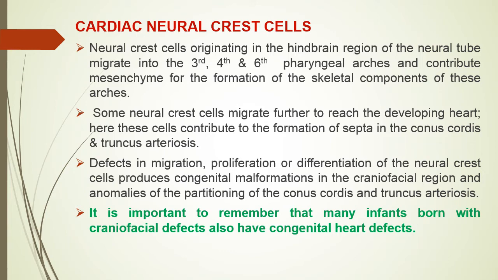So that implies that if anything wrong happens with the migration of the neural crest cells, there will be a defect in the formation of septa in the heart, and as we will discuss in the abnormalities of the heart, the defects in the septum formation in various parts of the heart are related to deficient, improper, or complete failure of migration of neural crest cells.